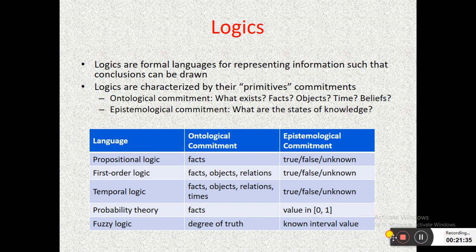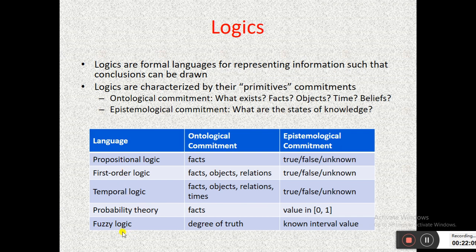Here is another topic of your course outline, that is logic. Logics are formal languages for representing information such that conclusions can be drawn. Logics are characterized by primitives, commitments, and languages: propositional logic, first order logic, temporal logic, probability theory, and fuzzy logic.